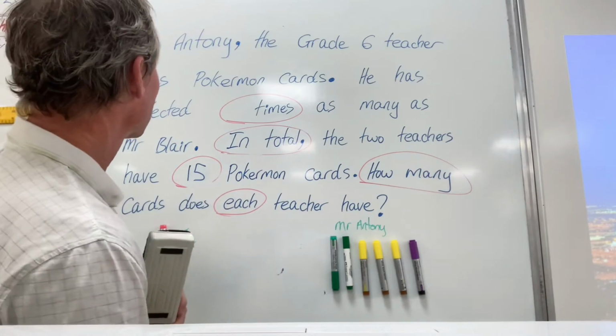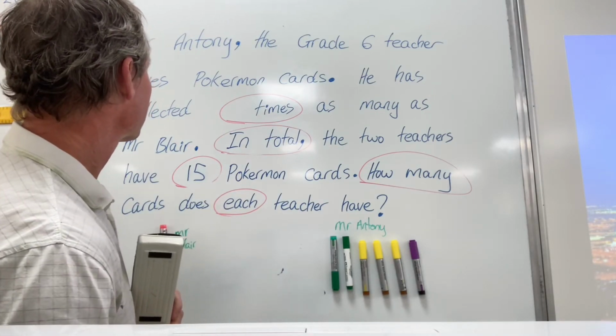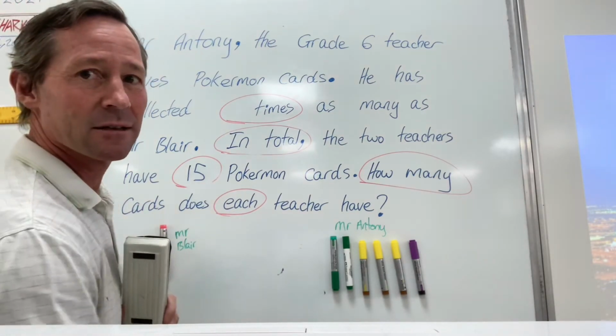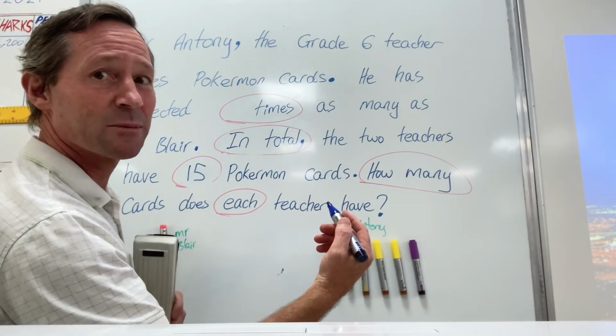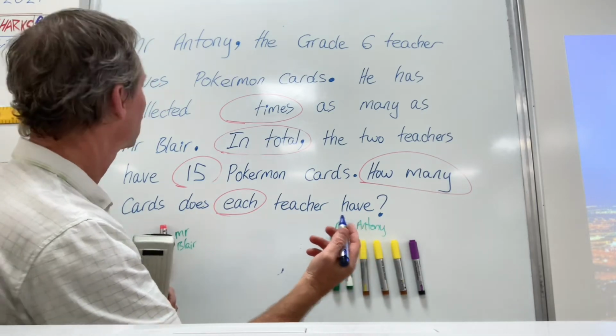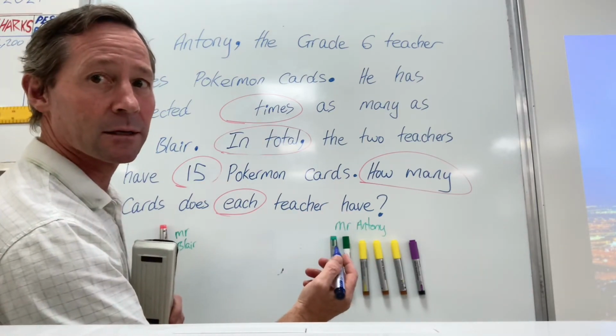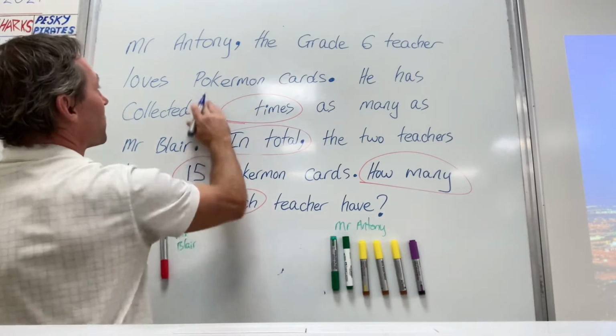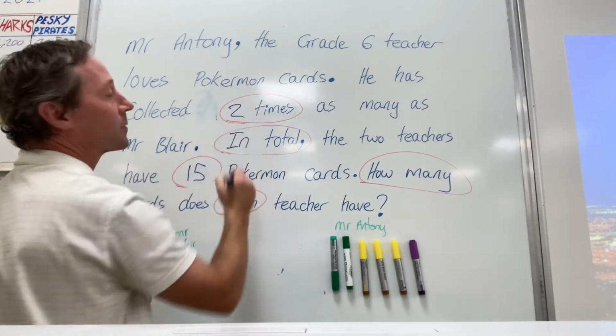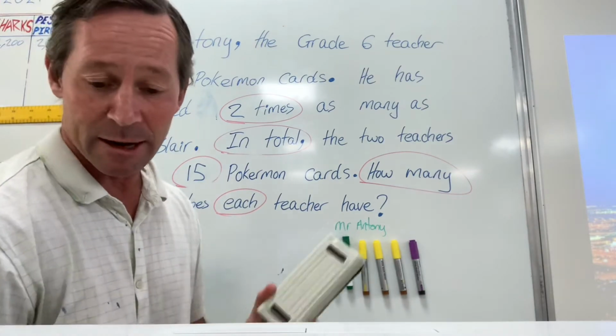And Mr. Anthony's got, ooh, how many do you reckon? 2 times as many, or 3 times, or 4? What do you think? 2 times as many. All right. 2 times as many, which is twice the amount.